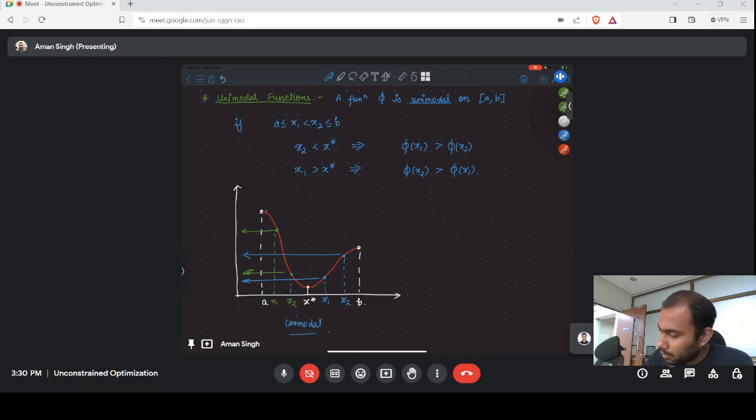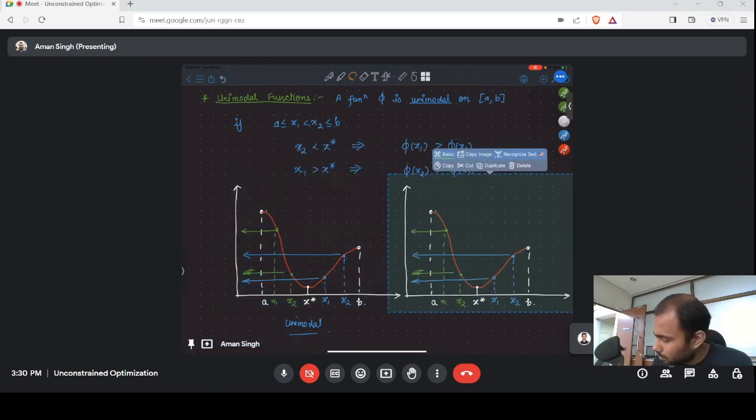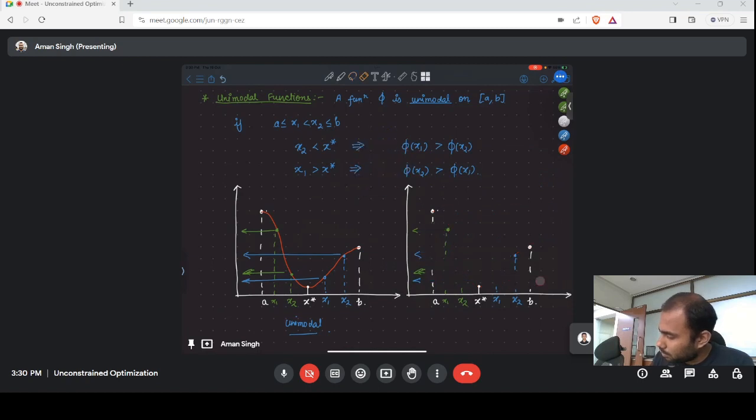We can have a similar function such that, let's say this is the function that we have.